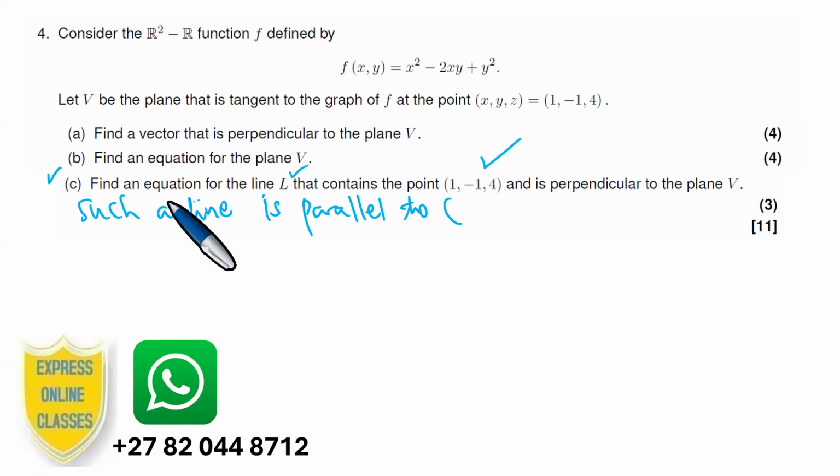If I find an equation for the line L that contains the point and is perpendicular to the plane, it means it's parallel to the normal. Perpendicular to the plane implies that it is parallel to the normal.